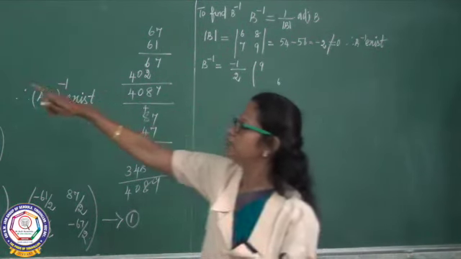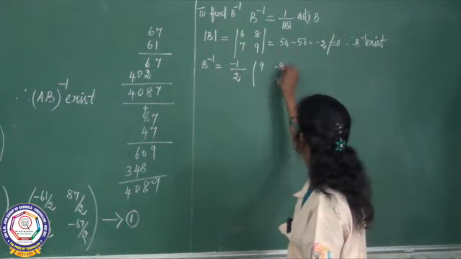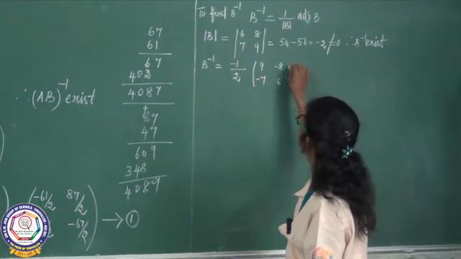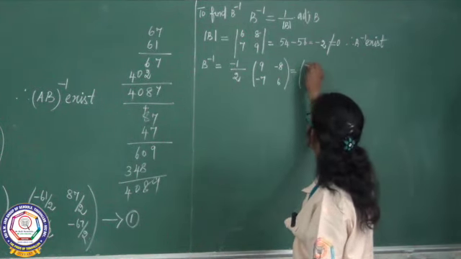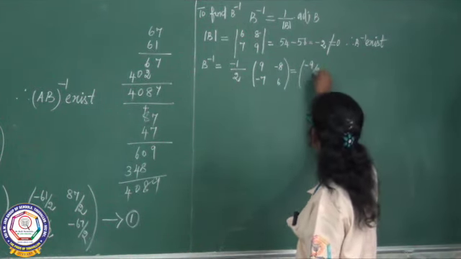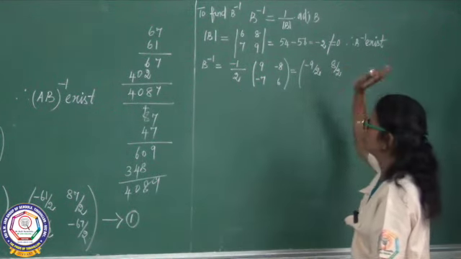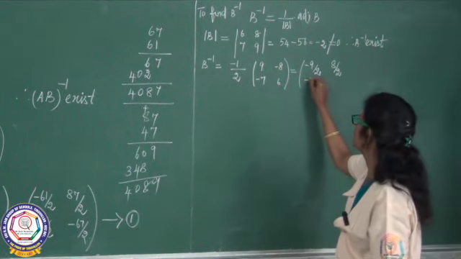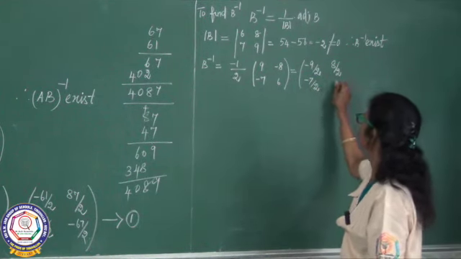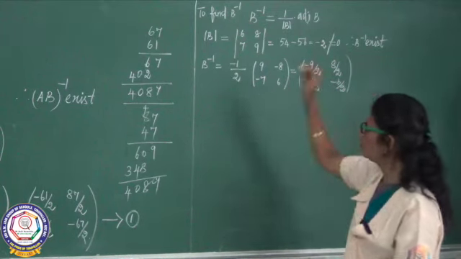Next, change the sign of the subdiagonal: minus 8, minus 7. Minus 9 by 2 plus 8 by 2, minus 7 by 2 minus 6 by 2. You don't want to simplify, let it be as such.